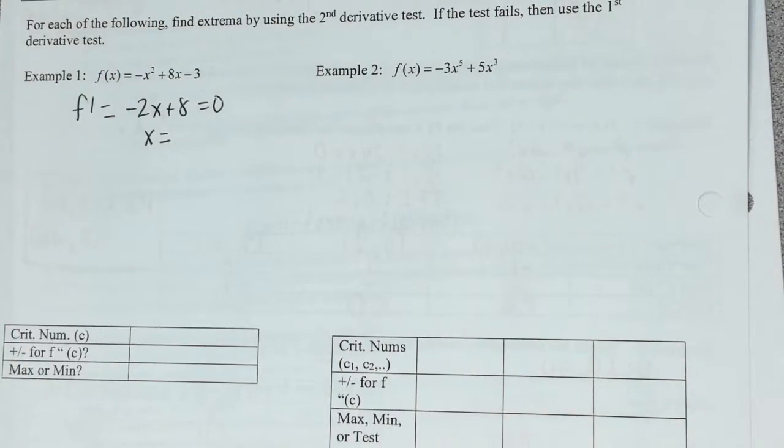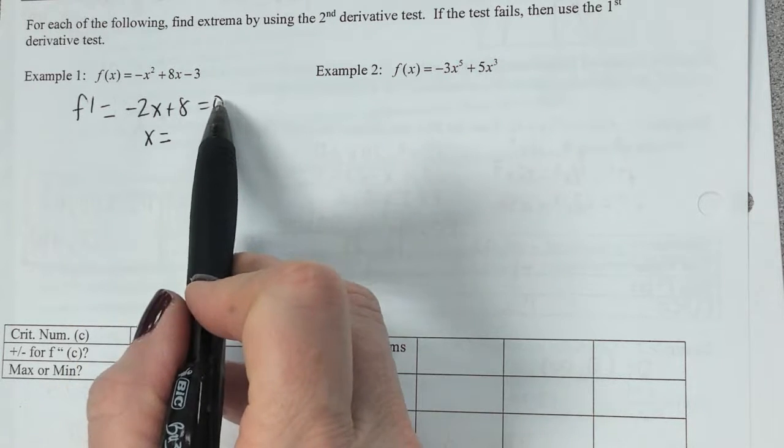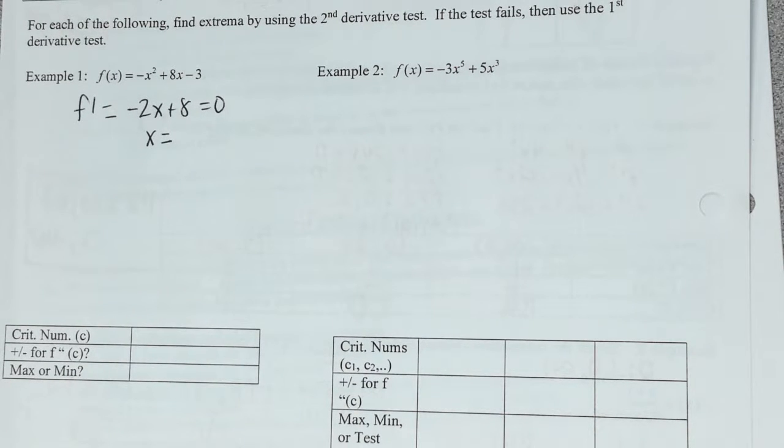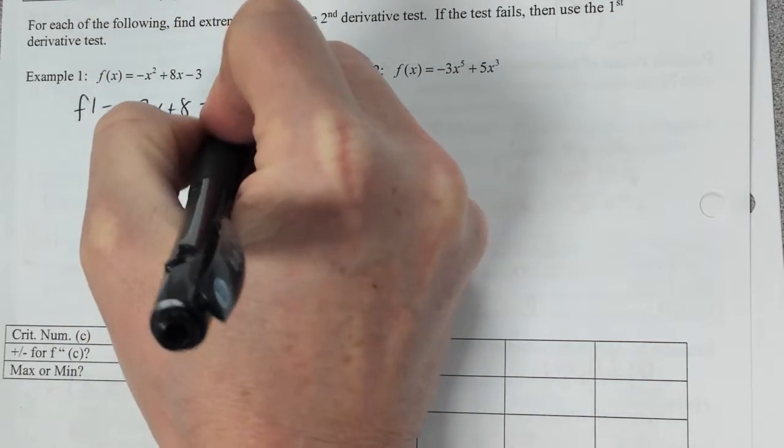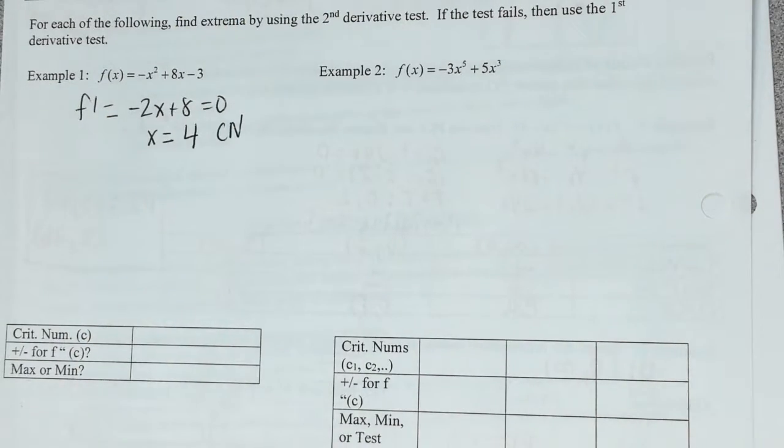What do we get for x then? Joe? Take the 2x over, divide by 2. So it would just be 4. So 4 is going to be our critical number.